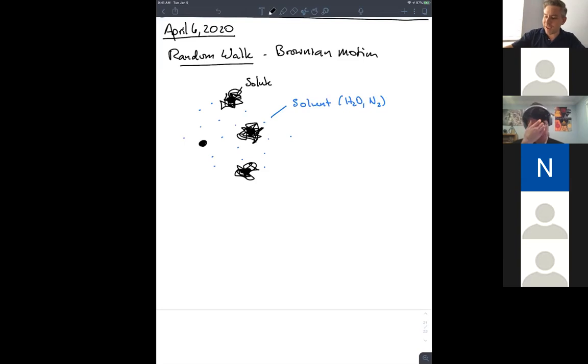What's happening is that our solvent molecules are not stationary. They are also flying around, like so.